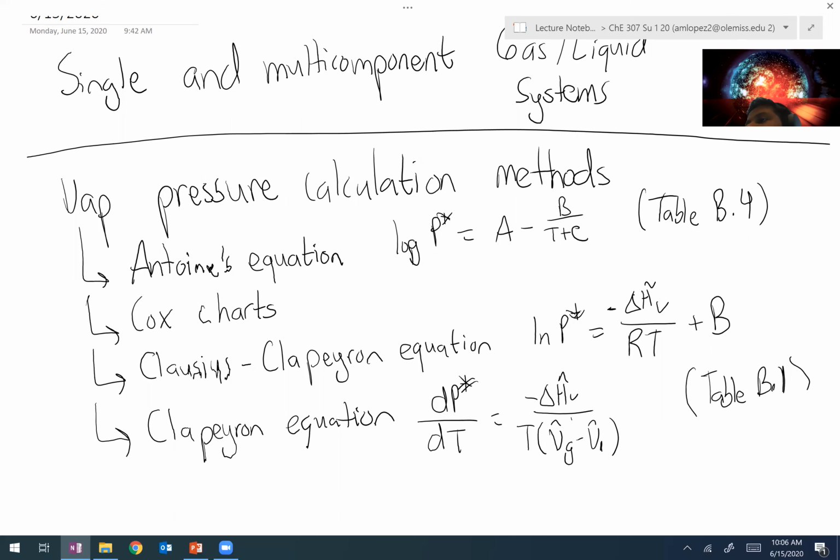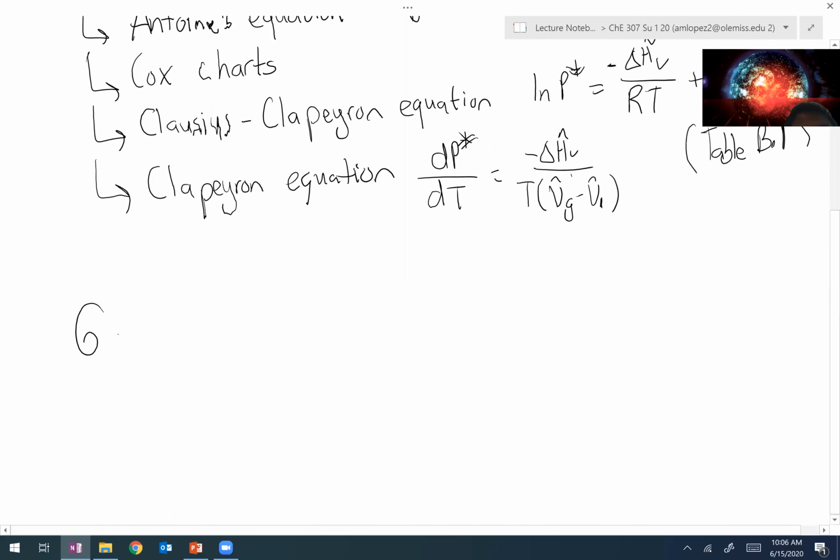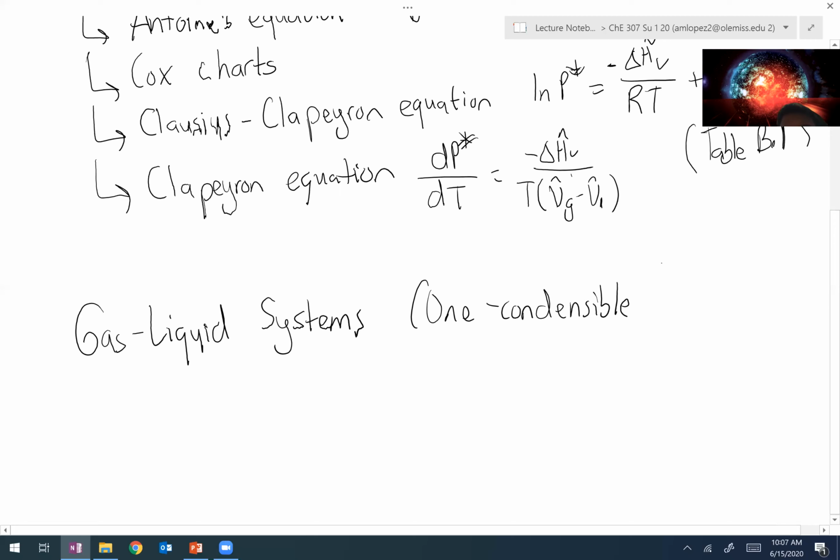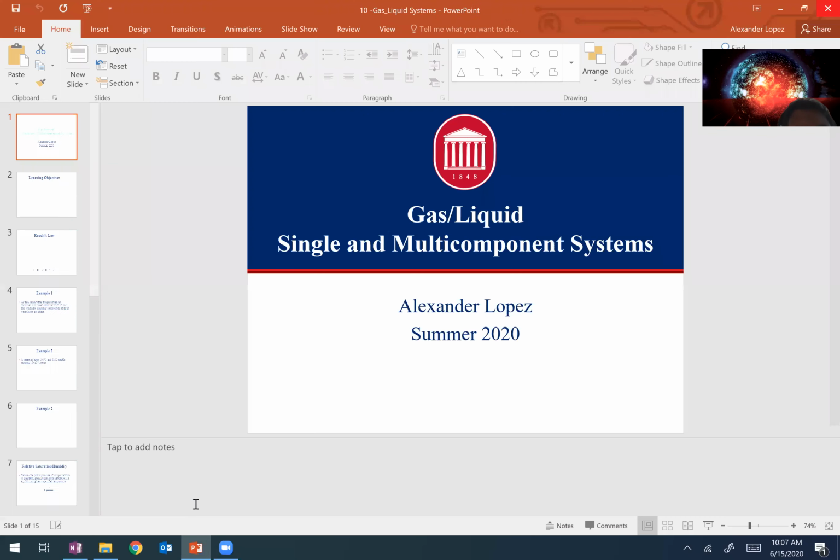All right, so now let's talk about what to do with gas-liquid systems where we have one condensable component. Here I'll jump over.